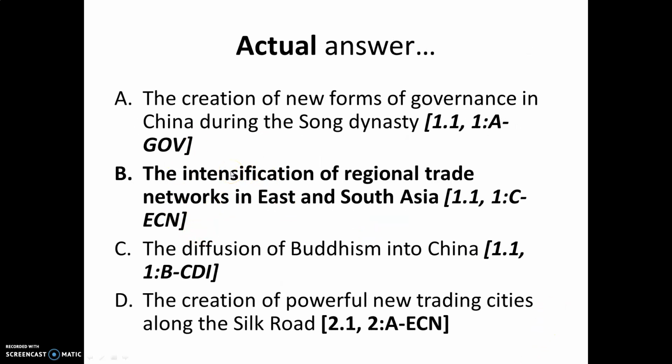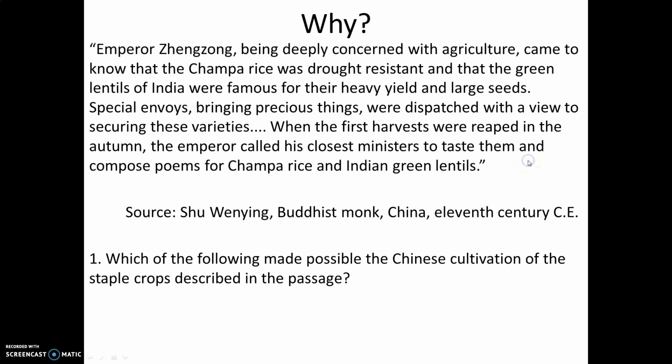In this case, we are looking at B, the intensification of regional trade networks in East and South Asia. All right, so keep in mind, what is it that got us here? So here's the stimulus, here's the source, and then we look at the question itself.